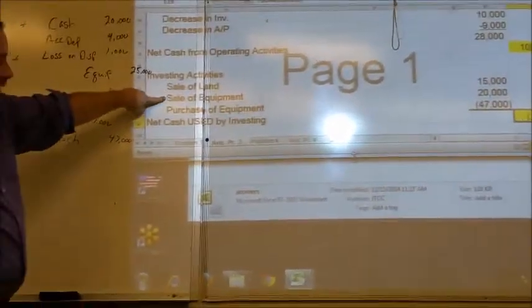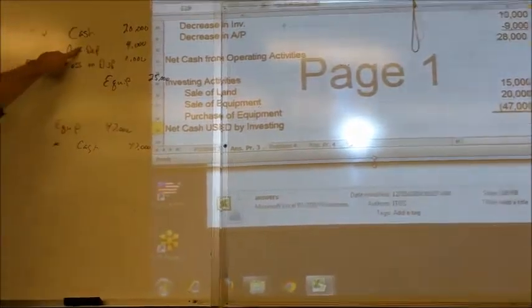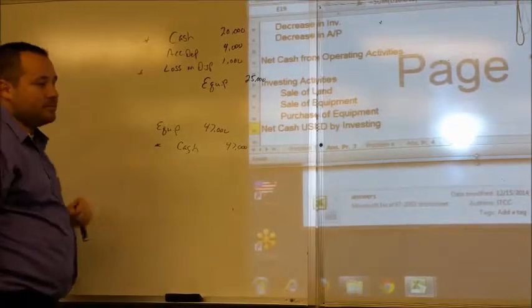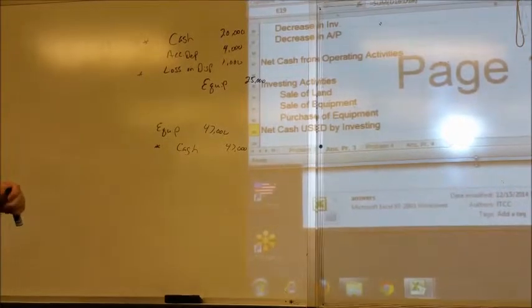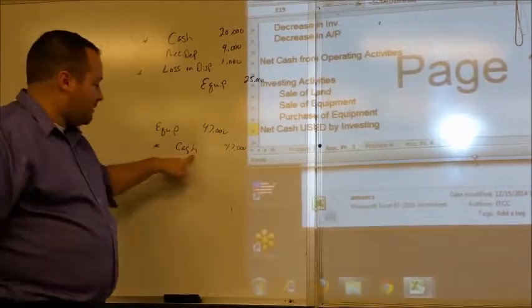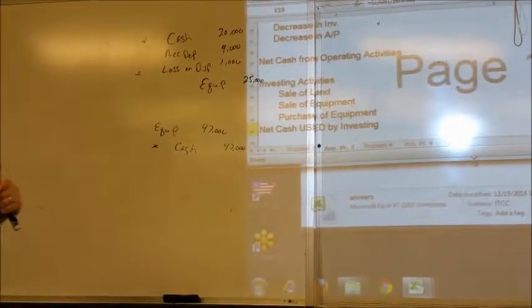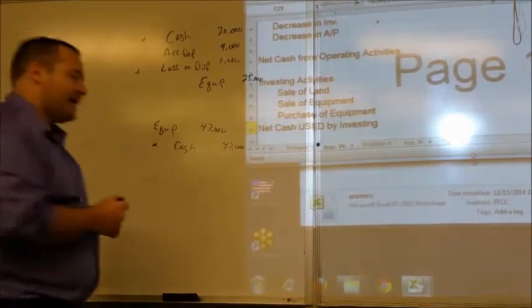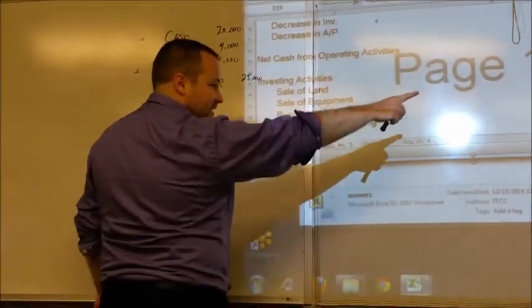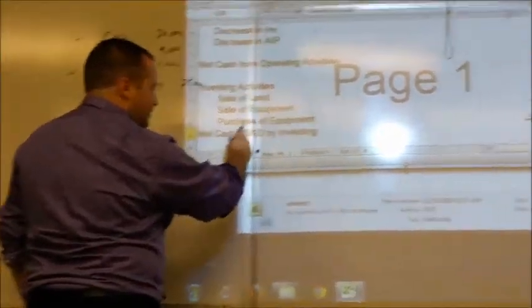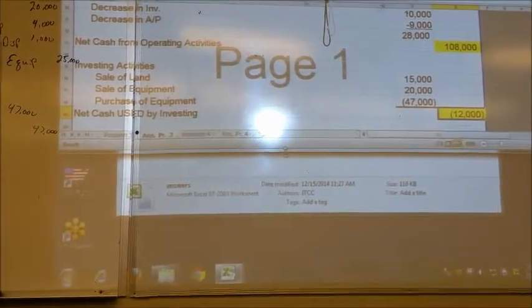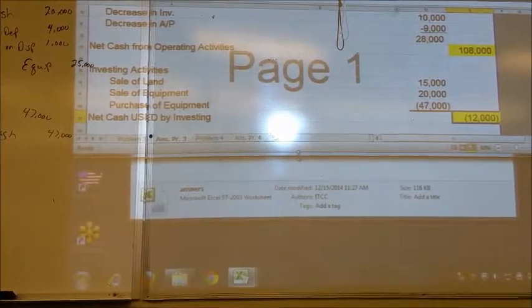And then on this one, I want to look to my journal entry. I sold equipment, so I brought in the $20,000. Purchased equipment, I paid $47,000, so I listed that. And if the item is a negative, as it is over there, $12,000 negative, net cash used by investing is our best option.